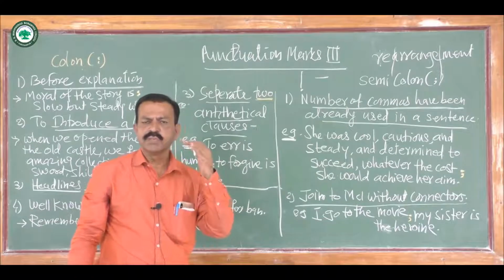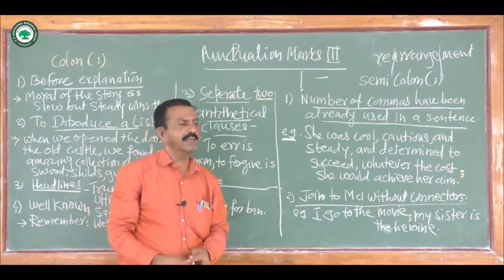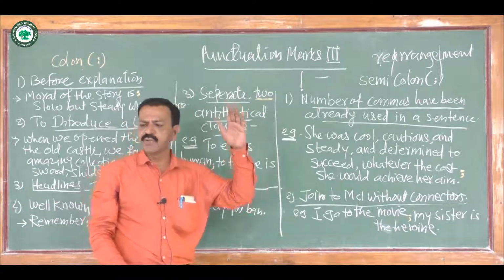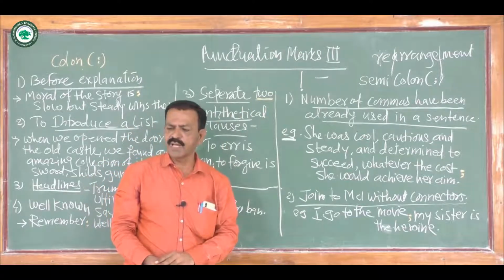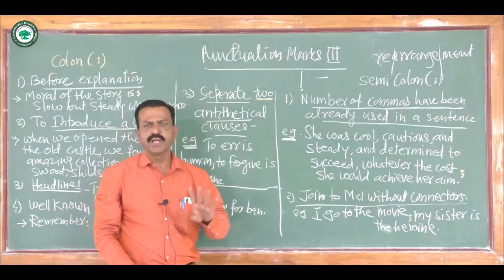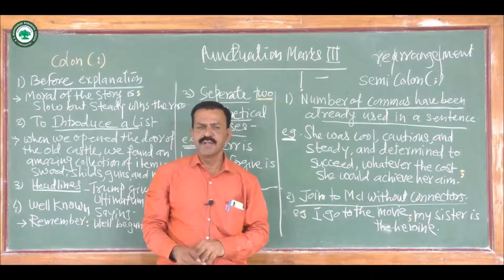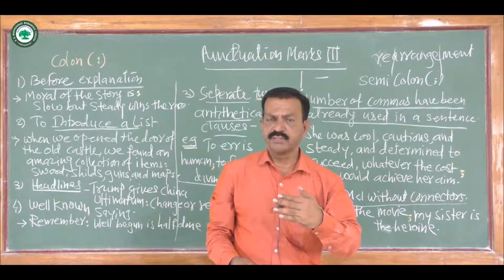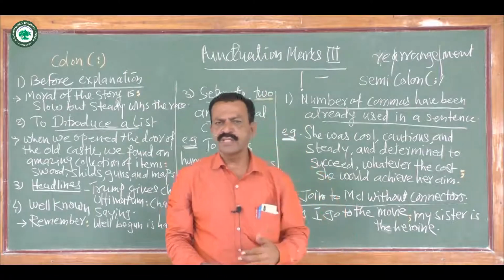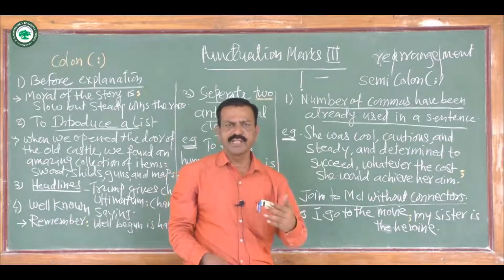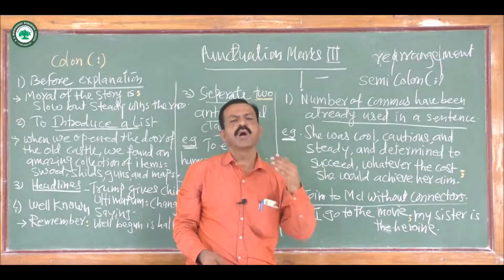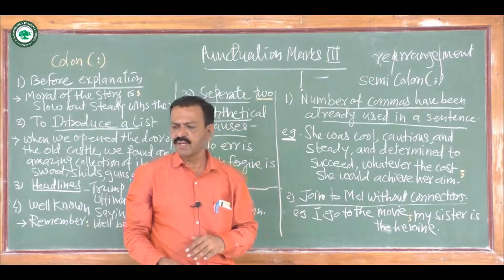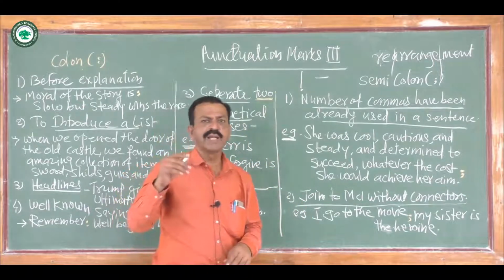Now I come to the last punctuation mark, that is the question mark. A question mark is generally used on four occasions. First of all, a WH question. What is a WH question? The question begins with either a W word or an H word or a WH word. For example, what is your name?